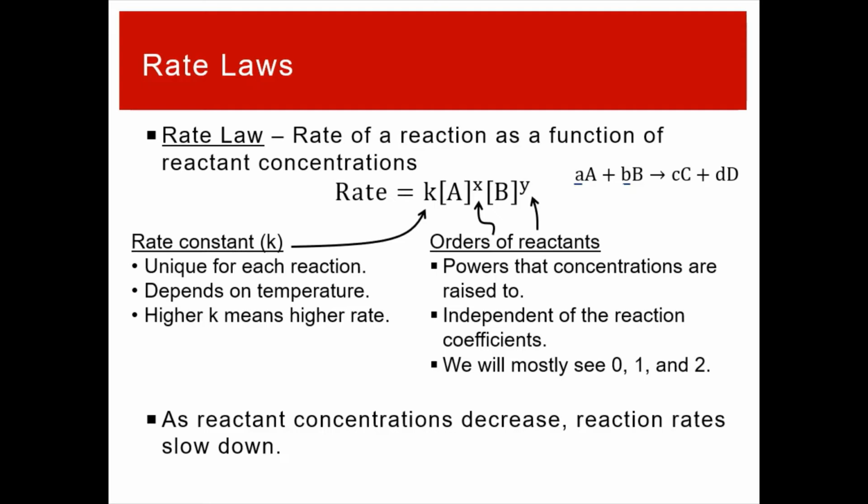Reaction coefficients have nothing to do with this here. For now, the orders that we see here can be fractions or decimals. Generally, most of the time, they're going to be whole numbers, and low whole numbers. The most common orders that we will see are 0, 1, or 2. Those are really all that you see. For the most part, they are going to be whole numbers for most reactions.